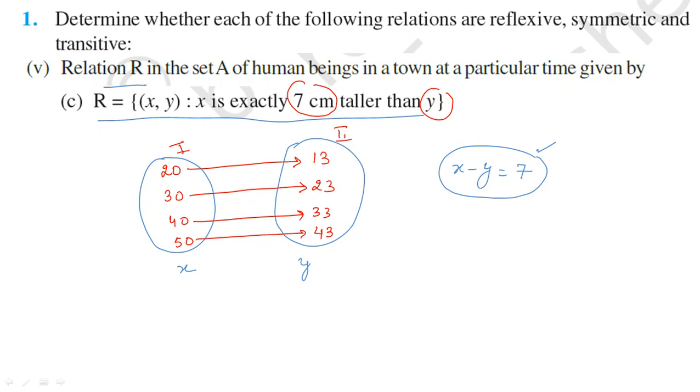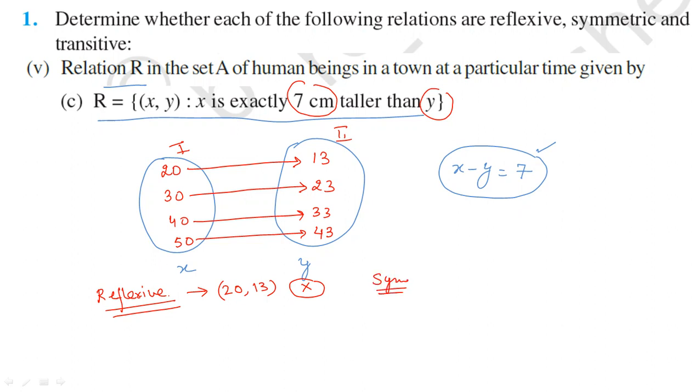Suppose I am talking about reflexive nature. Inside reflexive, both the values should be equal. But in this statement, by inserting 20, 13 is there. It means reflexive nature is not satisfied. What about symmetric nature?